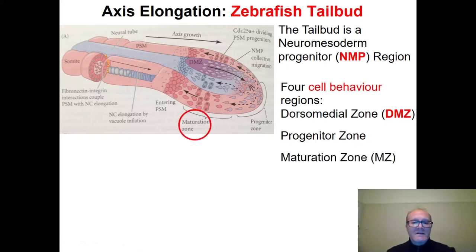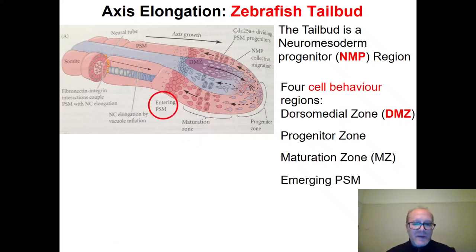Now, the cells that move laterally in the maturation zone will become mesoderm. The cells that move internally are going to form, in the maturation zone, progenitors for the neural plate.